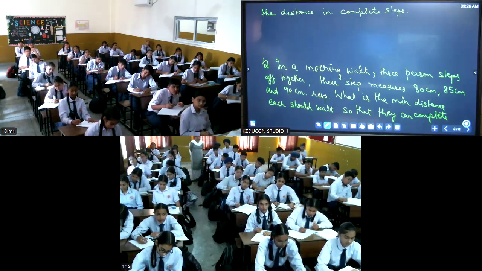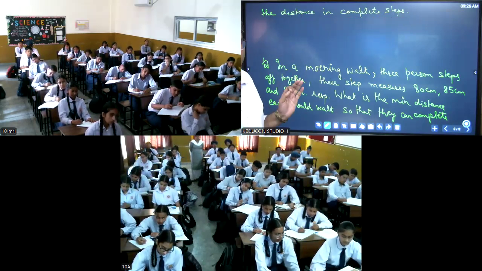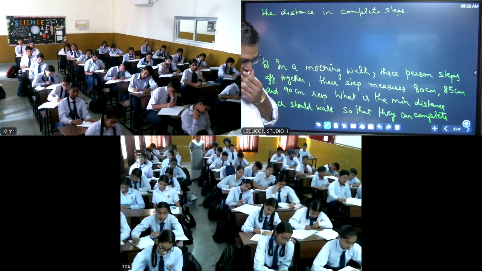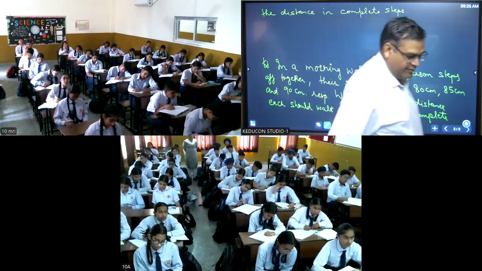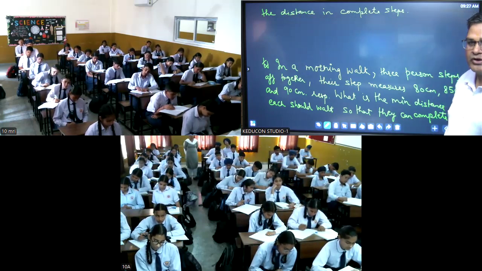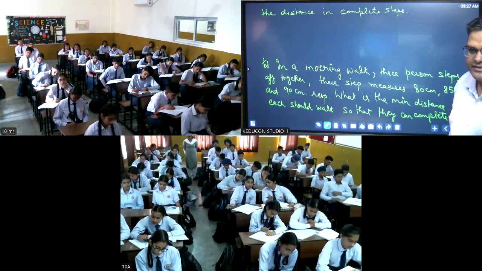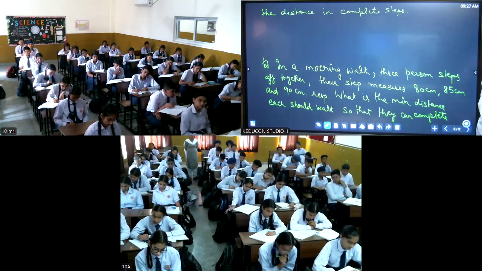Right, बच्चों? Have you understood the question? Now please read the question carefully, each and every word. Then I'll ask some questions. In a morning walk, 3 persons step off together. Their step measures 80 centimeter, 85 centimeter, and 90 centimeter respectively.